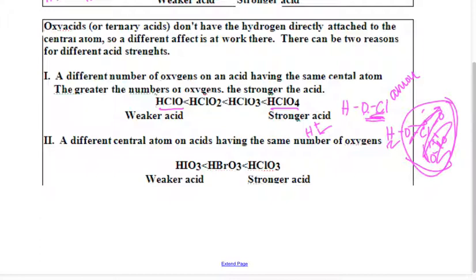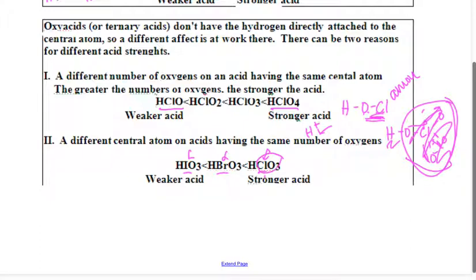Okay? If we're dealing with the same number of O's, we still think about the stability as an anion by looking at the difference. There's the difference in all those acids. Which is happiest being a stable anion? ClO3 or IO3? The ClO3, because chlorine's more electronegative.